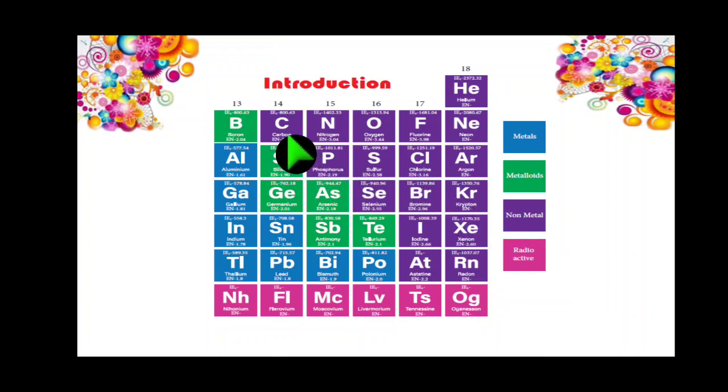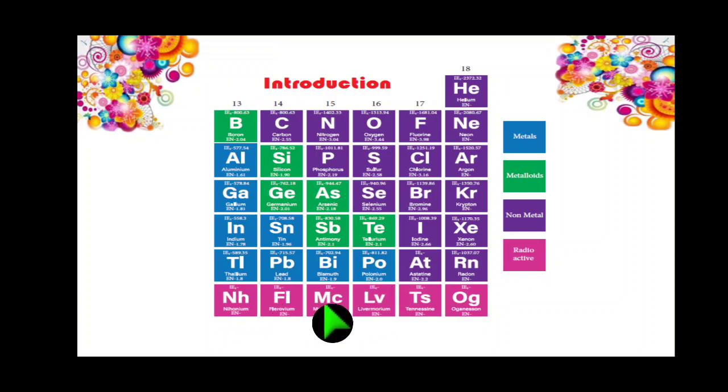So non-metals, what are they? Dark violet: carbon, nitrogen, oxygen, fluorine, helium, neon, phosphorus, sulfur, chlorine, argon, selenium, bromine, krypton, iodine, xenon, astatine, then radon.